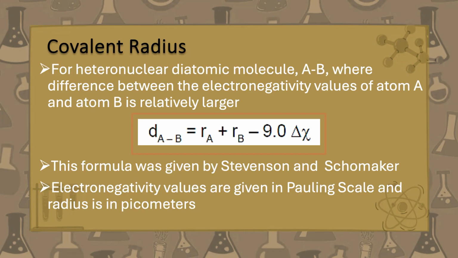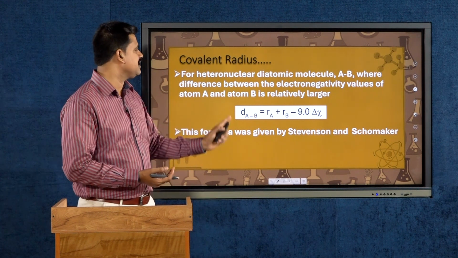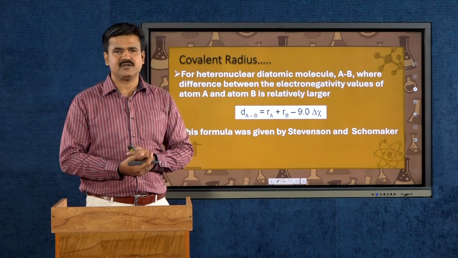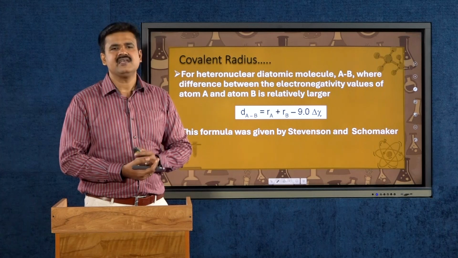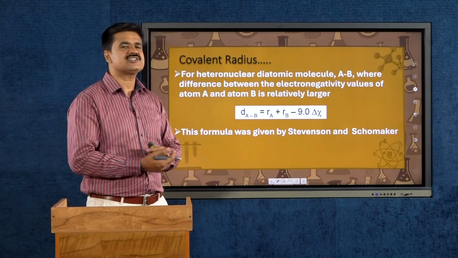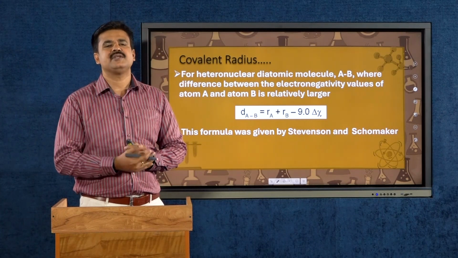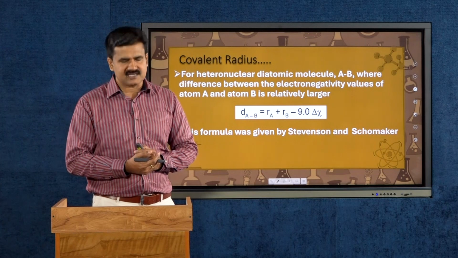That is, DAB is equal to RA plus RB minus 9.0 into delta chi, where delta chi represents the electronegativity difference between the 2 atoms A and B. This formula for calculating the distance between the centers of the nuclei, DAB, is given by Stevenson and Shoemaker, and this equation is known as the Stevenson-Shoemaker formula. And DAB divided by 2 will give you the covalent radius.